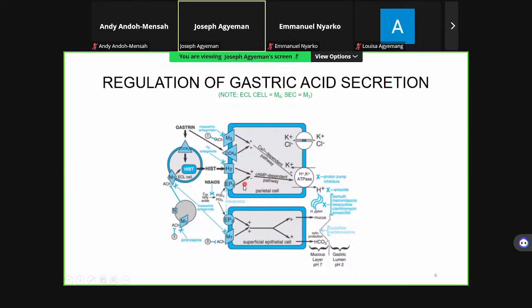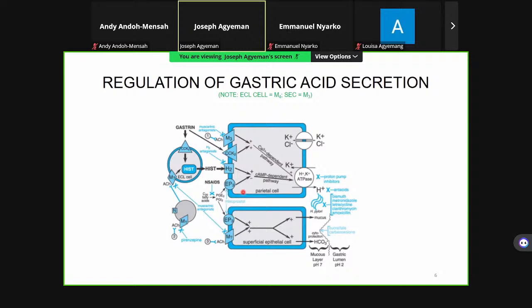And the arrow is coming in from the EP3 receptor. The EP3 receptor is the prostaglandins receptor that can be found on the parietal cells. So you produce prostaglandins from arachidonic acid metabolism.